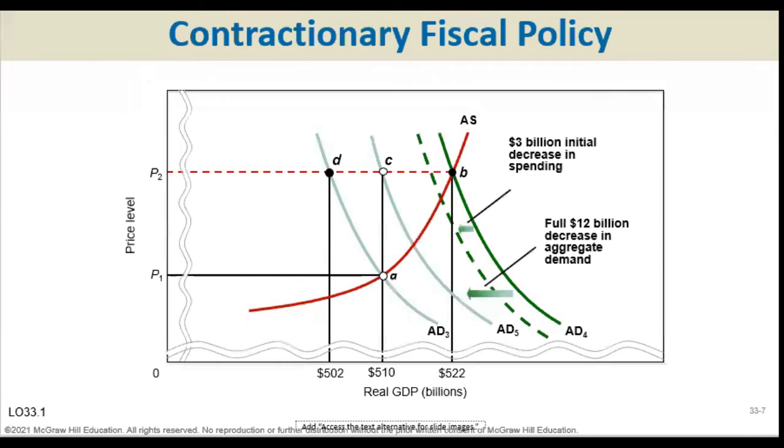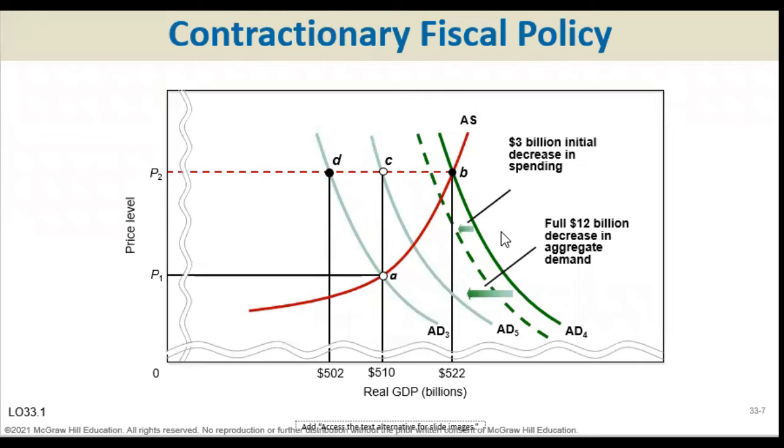Okay, so we're going to look at this illustration of a contractionary fiscal policy. Contractionary fiscal policy decreases government spending, increases taxes, or does both to reduce demand-pull inflation.